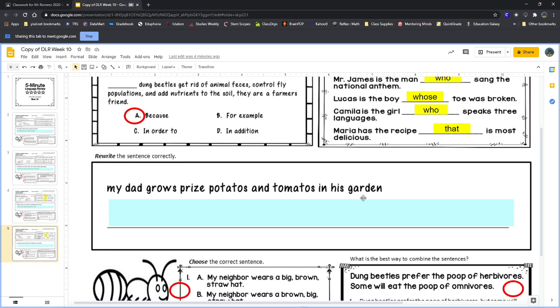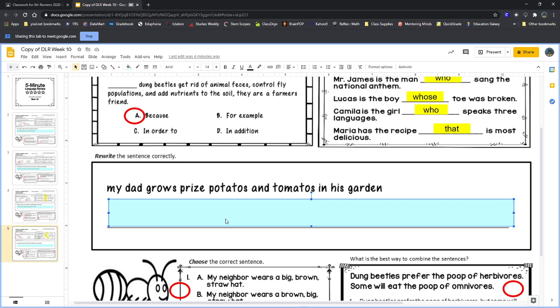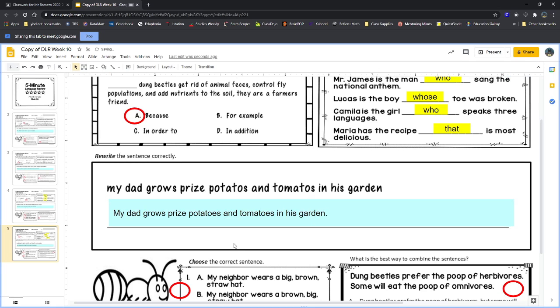And since we're not asking a question, and since we're not surprised or shouting, a period will work perfectly. So: My dad grows prized potatoes and tomatoes in his garden, period.